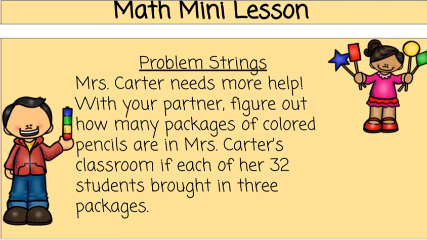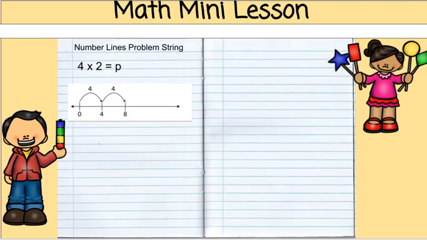But now, before we dive in, we need to make sure that we are setting up our journal. That's why we have our pencil and our journal. So go ahead, if you need to pause the video, to set up your page, the left side of your journal, a brand new clean page to look like mine. We have the title section, number lines, problem string.